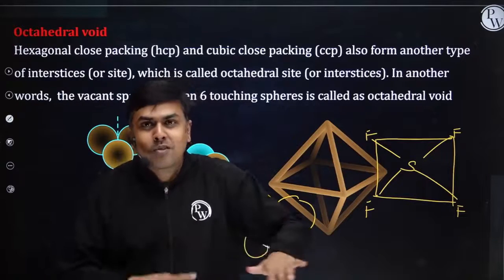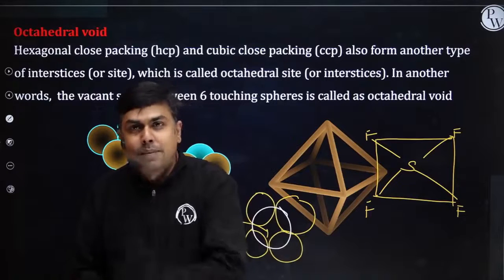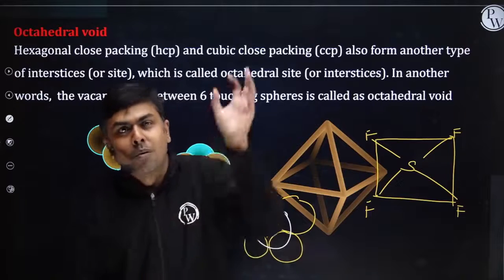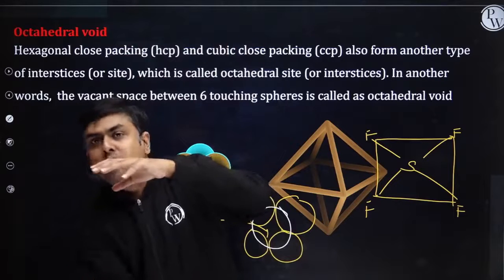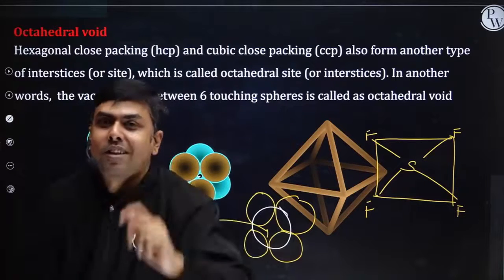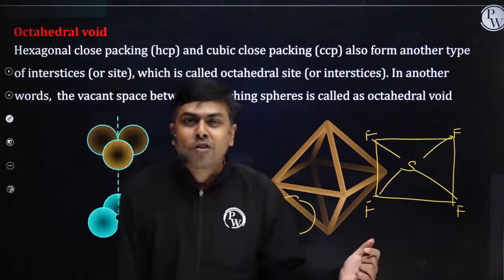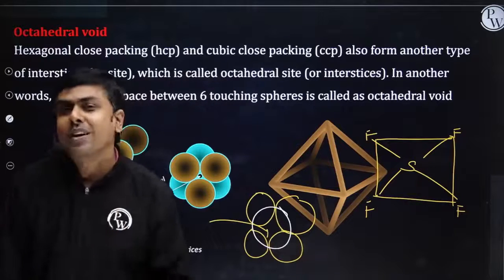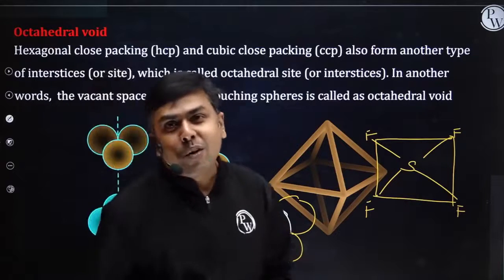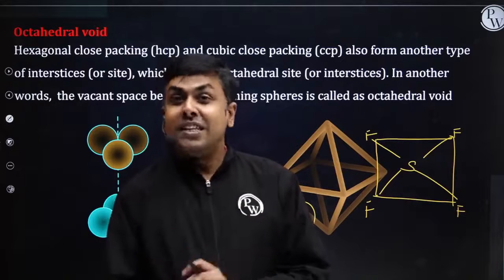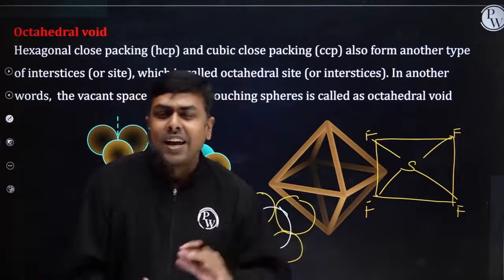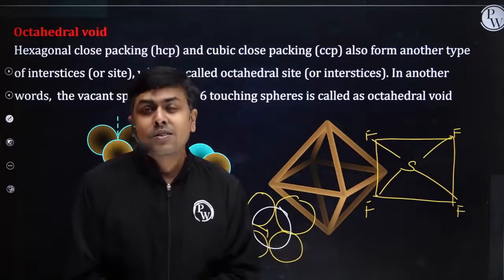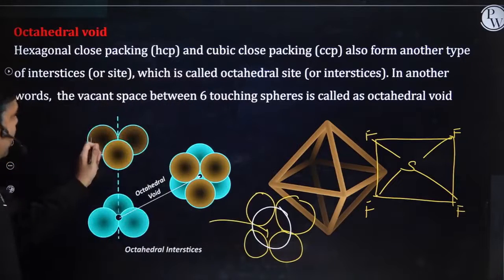So you take 4 spheres touching each other in a plane. One void is formed. Place one sphere exactly from the top and one sphere from the bottom to cover this void. Now, look from the side view. Have a look from the side. You are going to get an octahedral void. Students, there is one more way of getting an octahedral void. Take 3 spheres, form a lower triangular pattern like this.